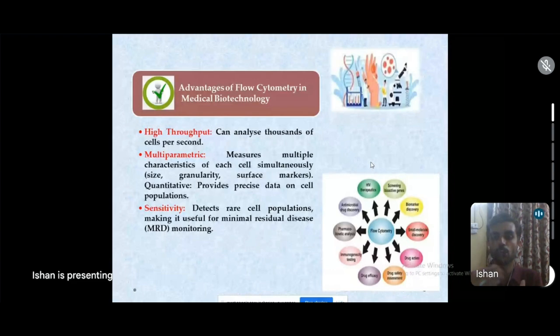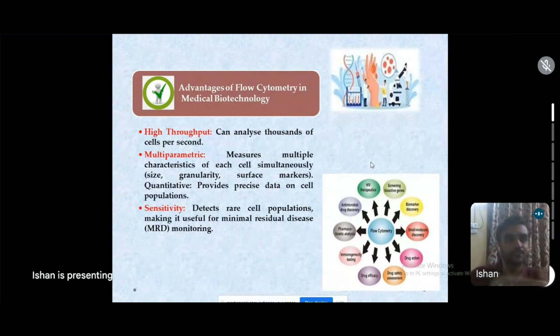Biomarker discovery, small molecules, RNA, genomics, RNomics, proteomics. It can also detect the protein expression as well, drug action, drug safety assessment, drug efficacy, immunogenicity testing, pharmacokinetic analysis, antimicrobial drug discovery. So these are most of the uses.